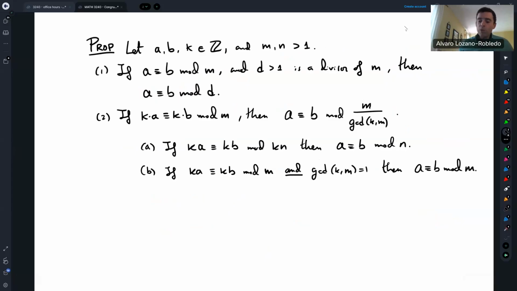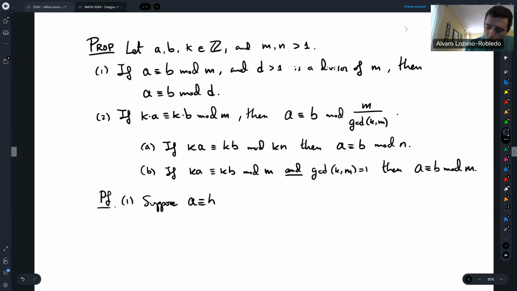So let me prove these formulas. Let me prove what's happening here, and then we'll see some examples. First of all, let's prove part 1 first. So suppose that A and B are congruent modulo M, and suppose D is a divisor of M, and D is bigger than 1.